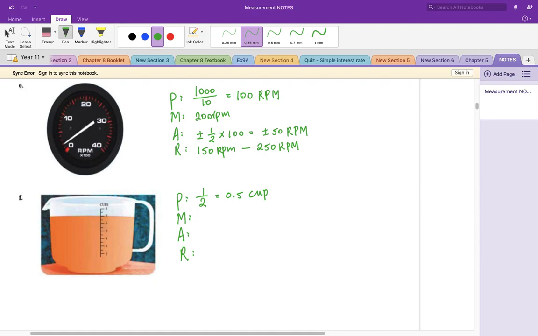And the measurement is 7 exactly. So absolute error is plus or minus half times 0.5, and that will give you plus or minus 0.25. So the range is going to be 7 minus 0.25, which is 6.75, to 7 plus 0.25, 7.25 cups.